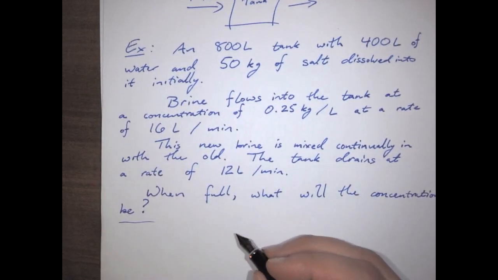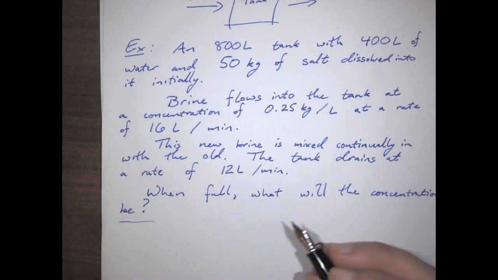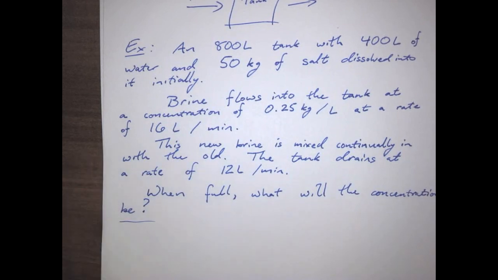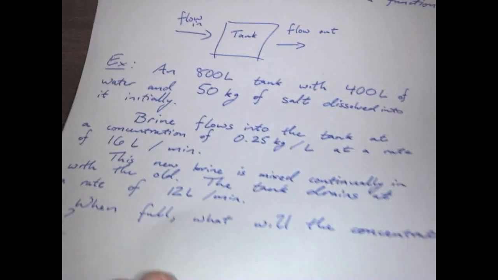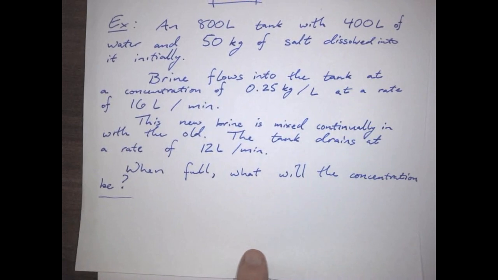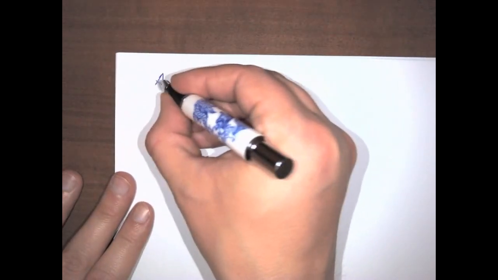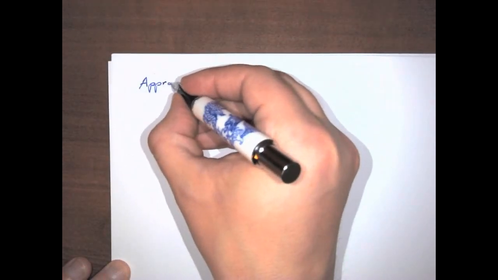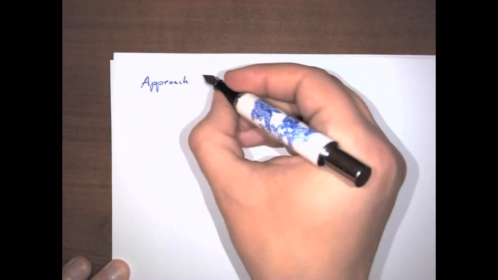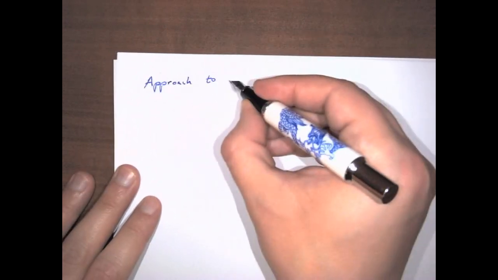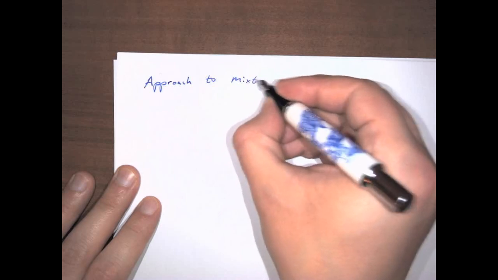We have brine coming in, we have a tank, we have brine flowing out. So here now is going to be our approach. So here's the approach to this and all mixing problems, or mixture problems.